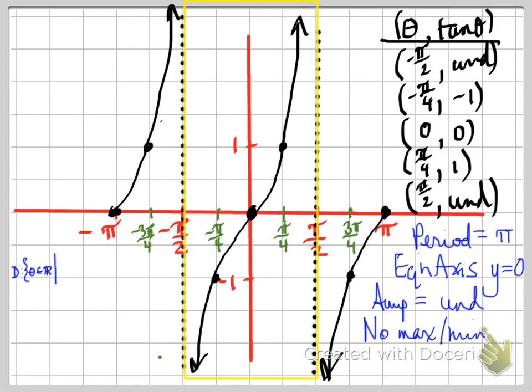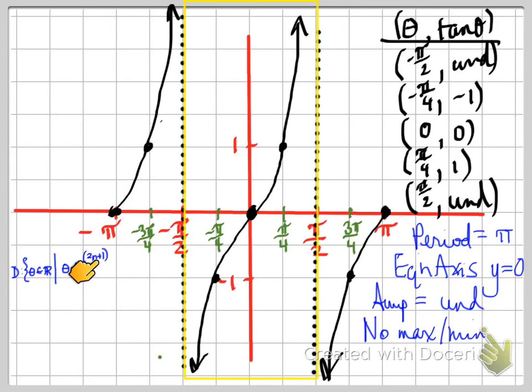Well, let's look carefully. Theta will not equal certain values. Those values are odd numbered pi over 2's. So what we're looking at here is an odd number of pi over 2's. That's what this 2n plus 1 means.